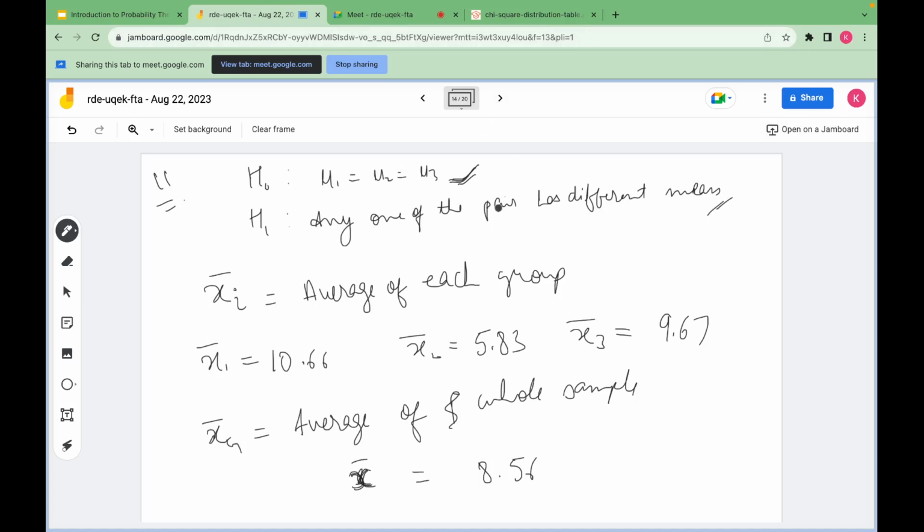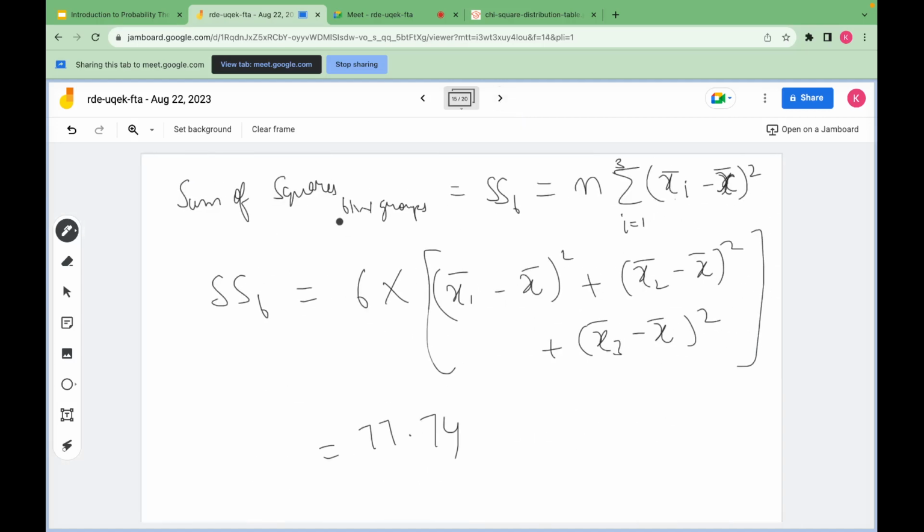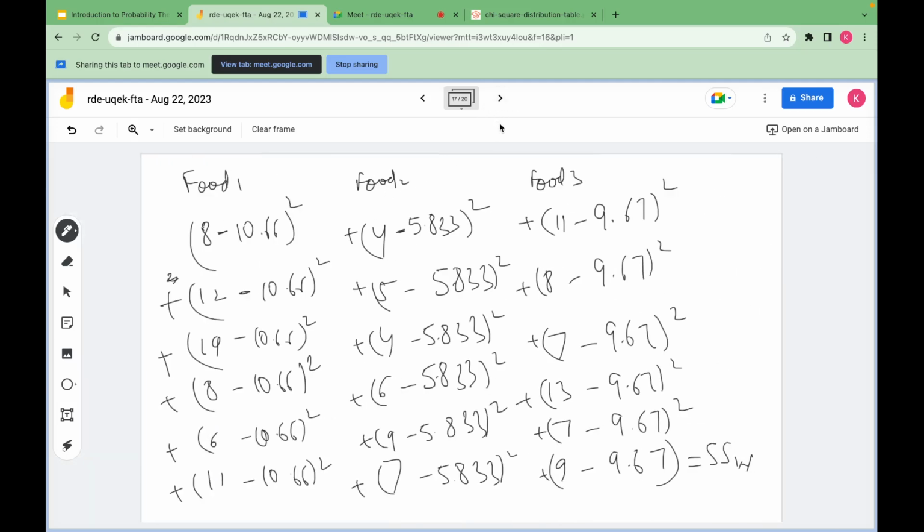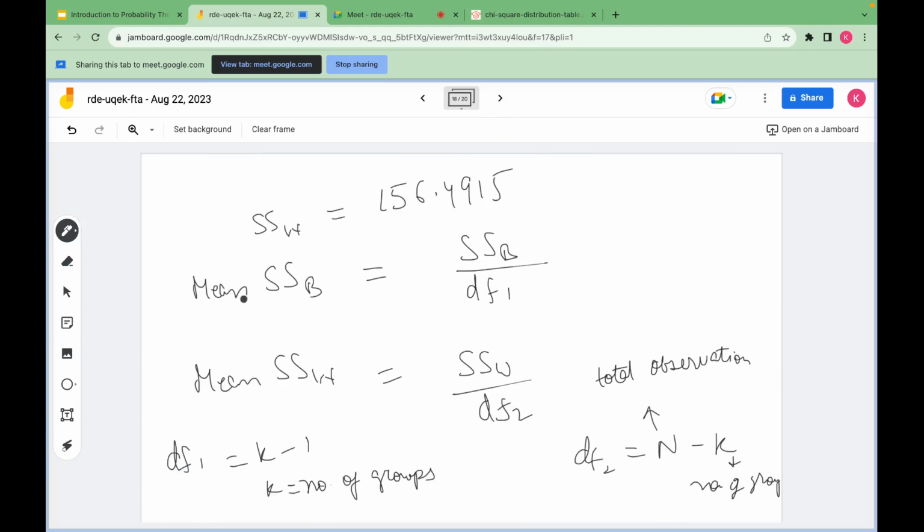So this is quite a lengthy process, because first we need to calculate the sum of squares between the groups, then the sum of squares within the groups. Then we calculate the mean sum of squares between and within the groups, and df1, df2.